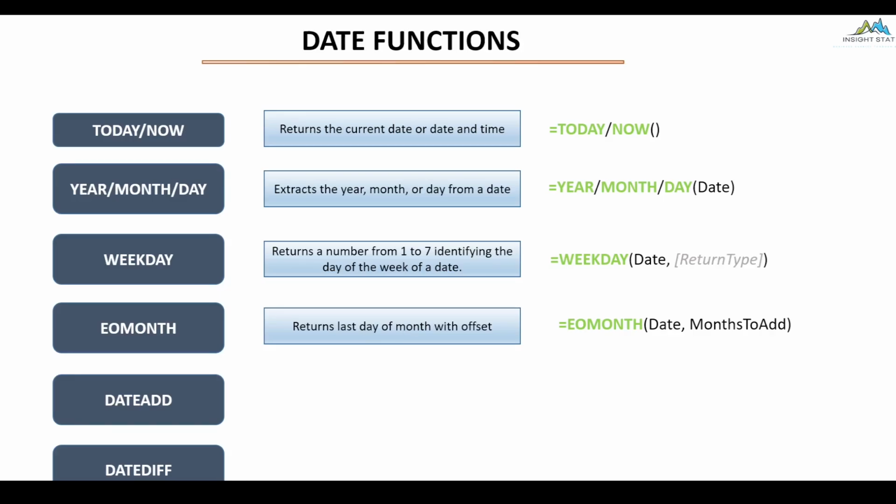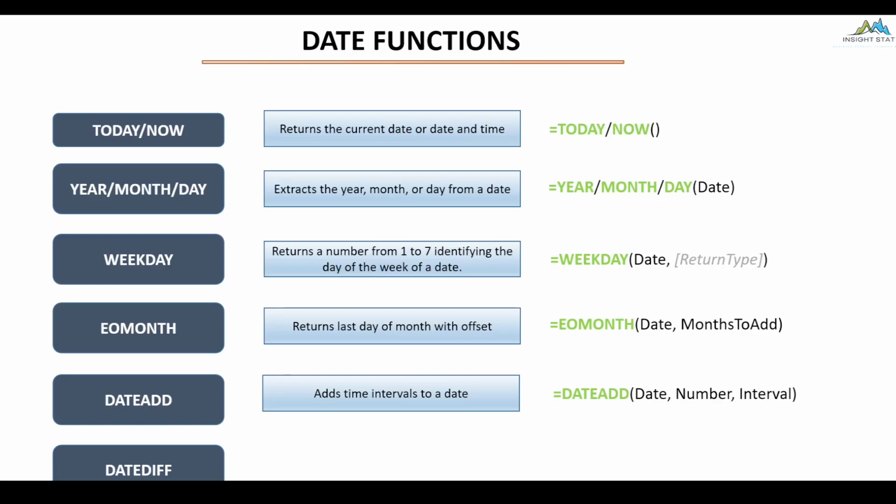Okay, next is DATEADD. So DATEADD adds time intervals to a date. Very, very important. For example, you are trying to find out when does a subscription expire for a person, right? So all you have to do is come up with the date, give the number, what is the number we are looking at, and the interval, whether it's months or days or years.